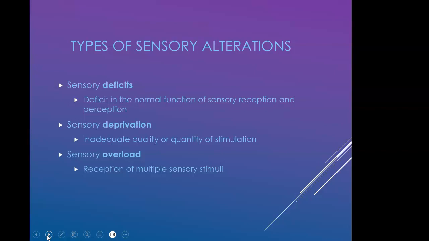Sensory deprivation occurs when inadequate quality or quantity of stimuli impairs how they perceive it, perception. It has different causes, such as reduced sensory input, which is hearing loss, and so that may lead to confusion and a restricted environment, which means they'll be on bed rest all the time.